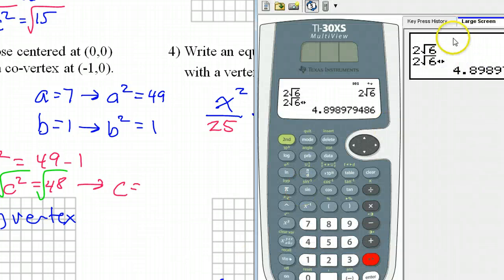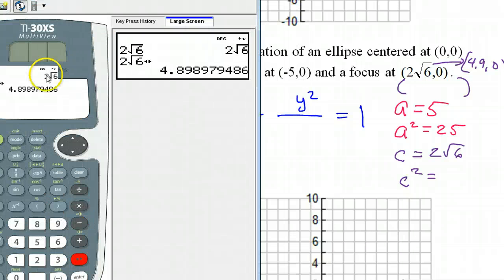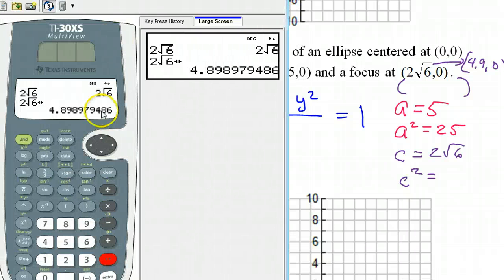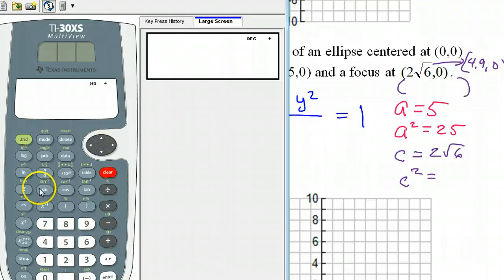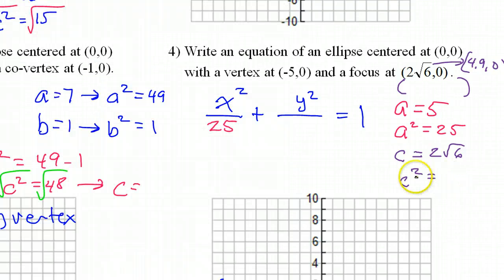To the calculator. Okay, if I do 2 radical 6 squared, I would use parentheses. All right, so there's 2 radical 6 squared. 24, okay? So c squared is 24.